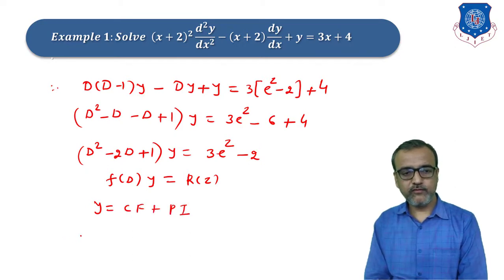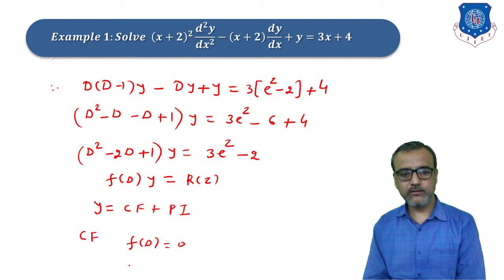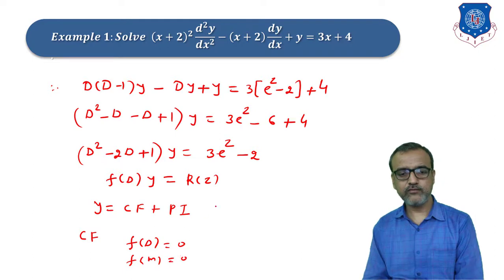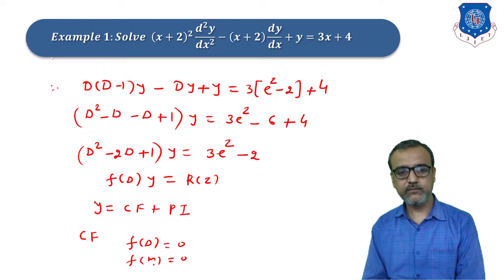Now first of all we will find out CF, that is the complementary function. To find CF, we will write f of D equals 0. Now in f of D equals 0, we will replace D by m, so we have f of m equals 0. Here f of D is D square minus 2D plus 1, so in this function of D we will replace D by m.